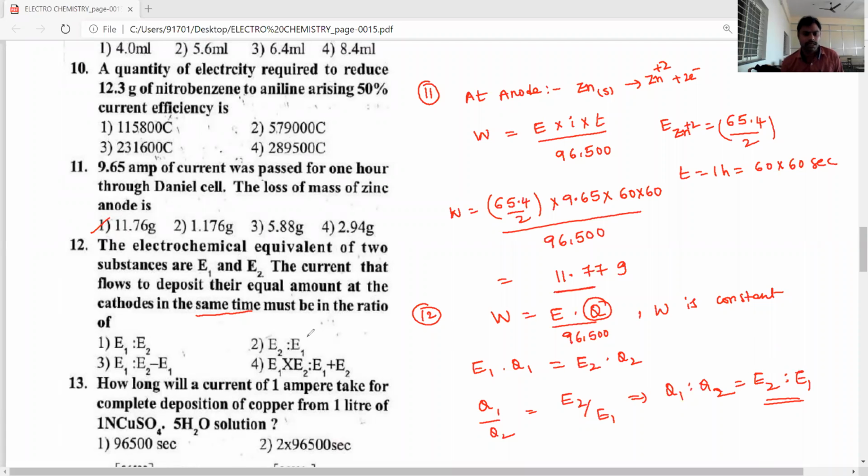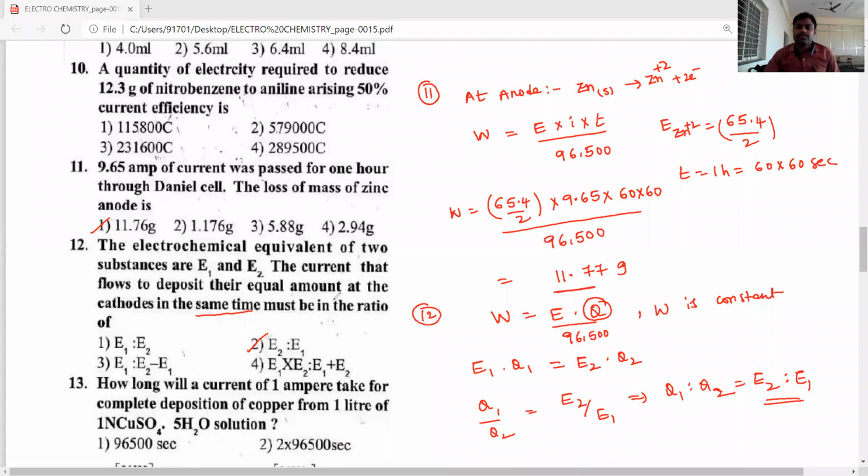So the answer is E2 is to E1, the second option is correct. Okay, students, here the equivalent weights are given as E1 and E2 for a substance. Now the amount deposited at the respective electrodes is the same, but how much quantity of electricity is required? The formula is W equals E into Q by 96,500.